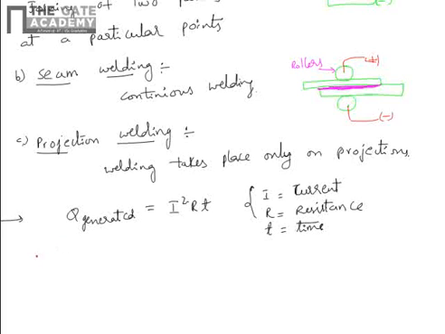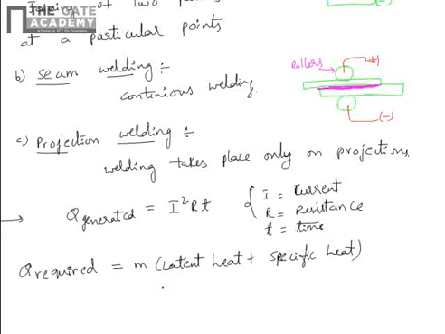That is the heat generated. Heat required equals mass into latent heat and sensible heat or specific heat. Efficiency of the joint, the melting efficiency, is heat required by heat generated.